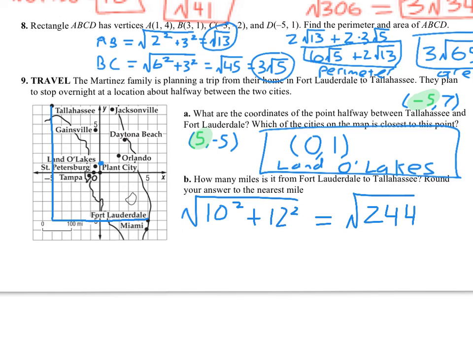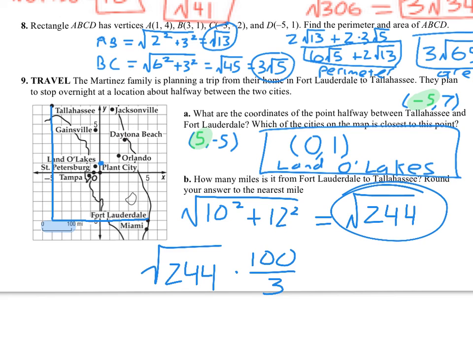Now, radical 244 is somewhere between 15 and 16. You guys should know that from one end of Florida to another is not 15 or 16 miles. So the last thing we have to account for is looking at the map, there's a scale. 3 units on the map is equal to 100 miles. So we're going to take radical 244 and multiply that by 100 over 3, because right now, this is just units on the map.